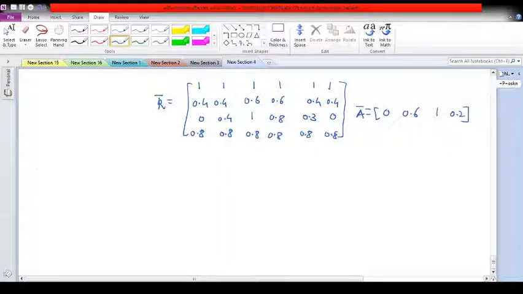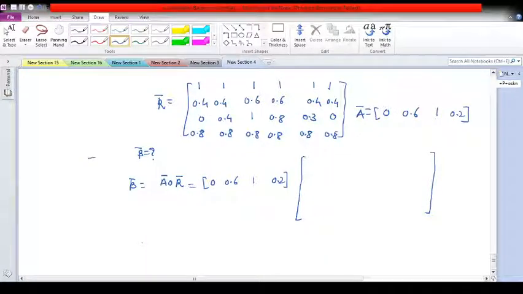Okay, and from that let me calculate B bar. So B bar can be obtained using the composition A bar composition with R bar, and this can be obtained as 0, 0.6, 1, 0.2 with this relation matrix.